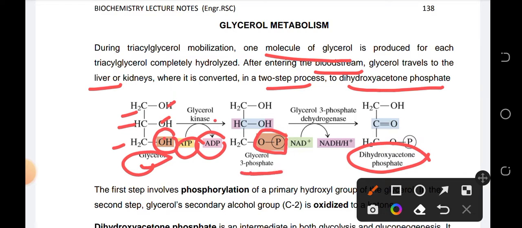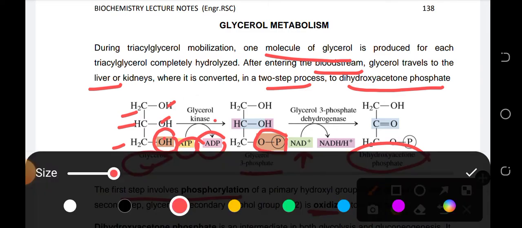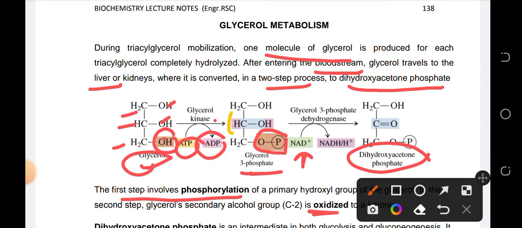Then after this phosphorylation, so first step is phosphorylation kasi nga nag-transfer ng phosphate from ATP to the glycerol. The second step now is an oxidation reaction kasi gagamit na naman tayo ng NAD. So, ang site ng reaction naman for the second reaction is the second carbon atom in the middle.